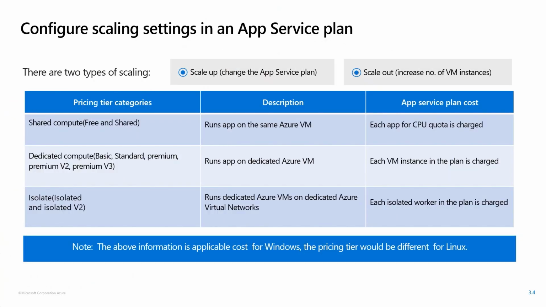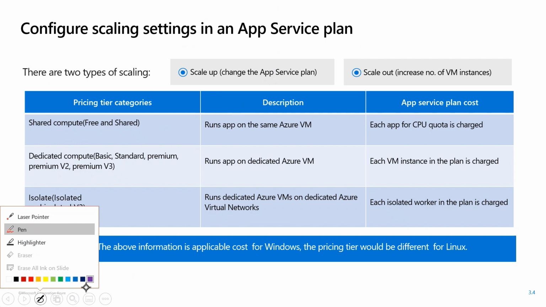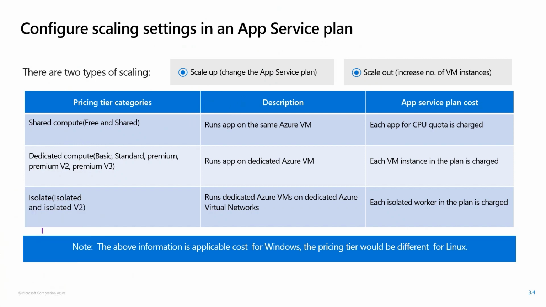Certain app service plans do allow scaling, and this brings us back to memorization of what's available per plan. Every app service plan does not offer scaling. There are a few types outlined in the example here that we see. So we have a free or shared tier where we can run an application on the same virtual machine, and the cost will have to do with how much compute we're consuming, basically, consumption-based cost.